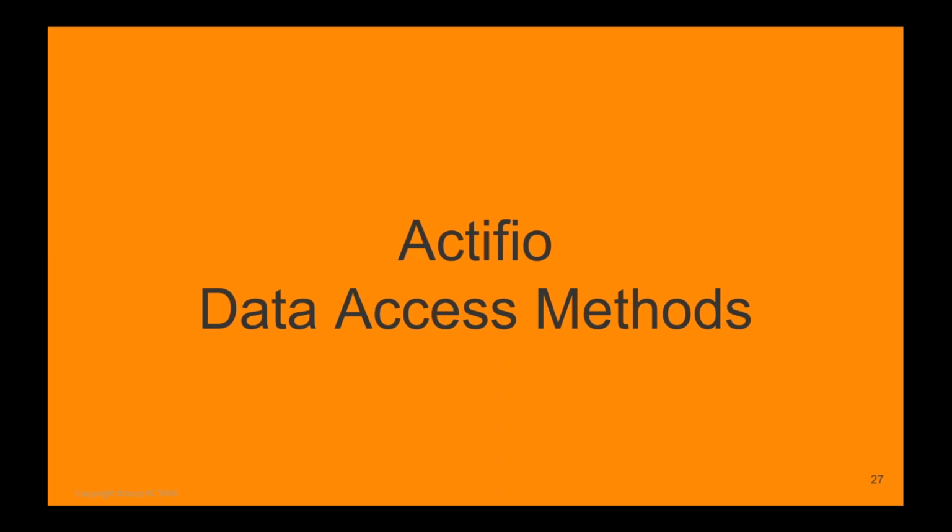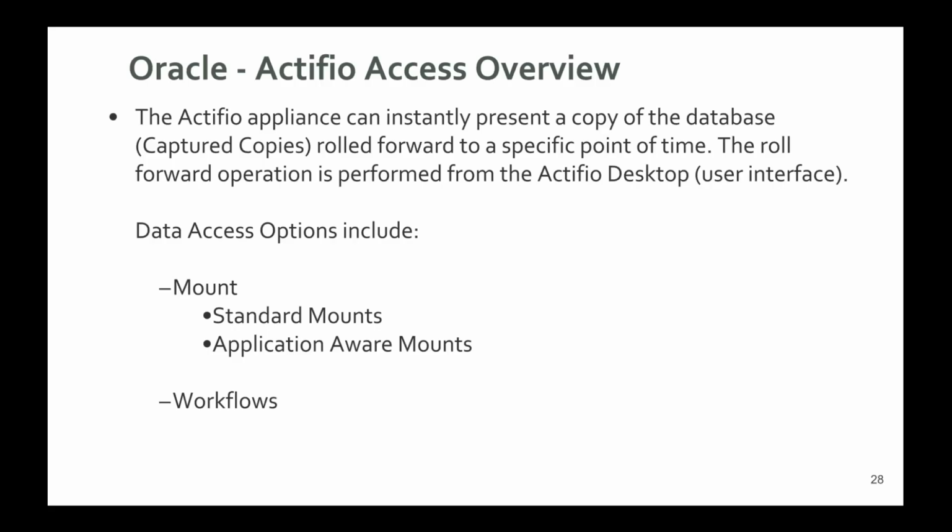You can access this data using different methods. Let us see what the various methods are. The popular methods are cloning, which we call mount operations, with standard mount and application aware mount, and the second option is workflows. You can use any of these options and select your backup image.